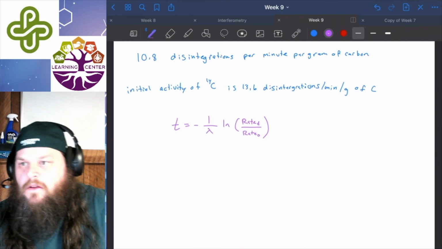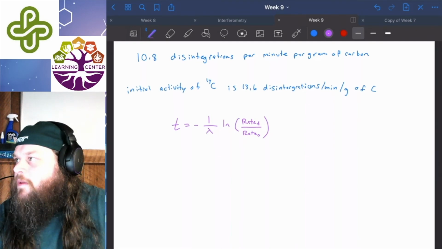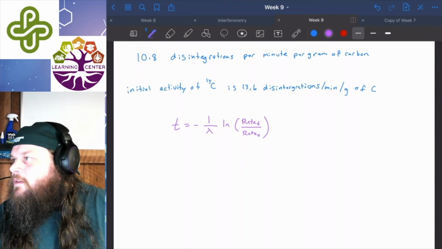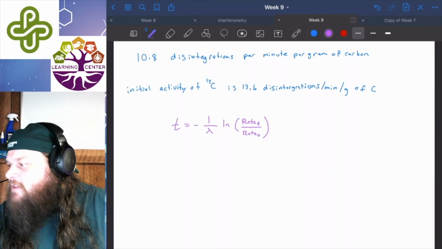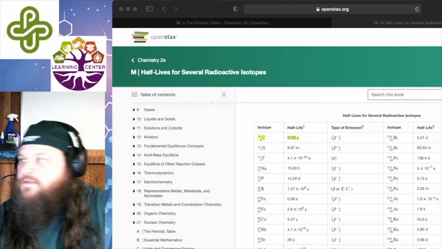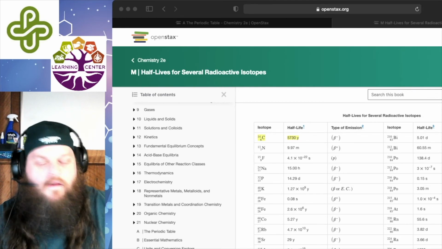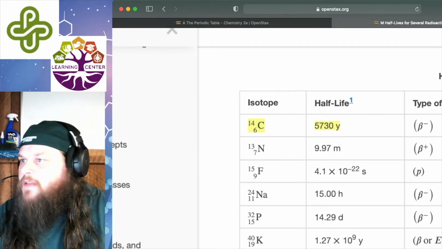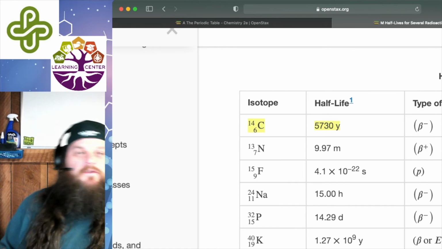And if we look up carbon, the textbook has the half-lives of several things in the back of it. And you see carbon up here at the top. It's a beta emission, but it has a half-life of 5,730 years.